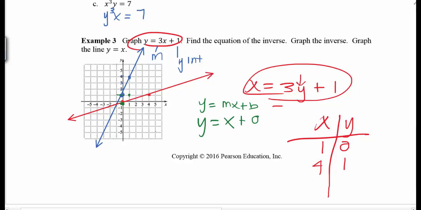And then my graph of y equals x will be in green. So now that we have our graph of y equals x there in green, we can clearly see that our inverse equation of x equals 3y plus 1 is a reflection of y equals 3x plus 1 over the line y equals x.